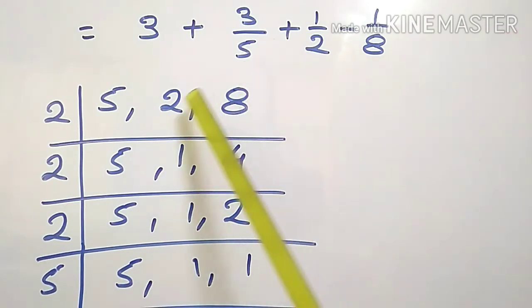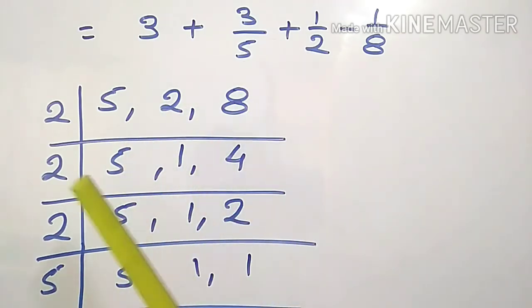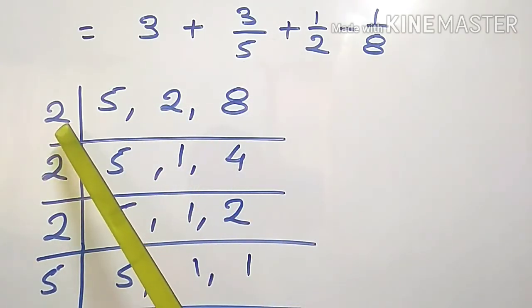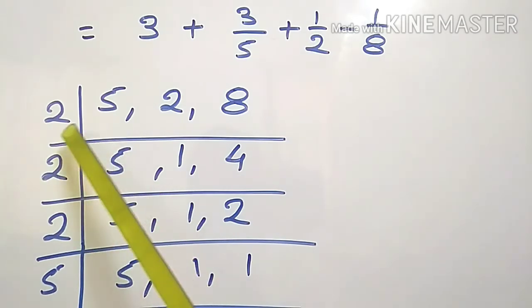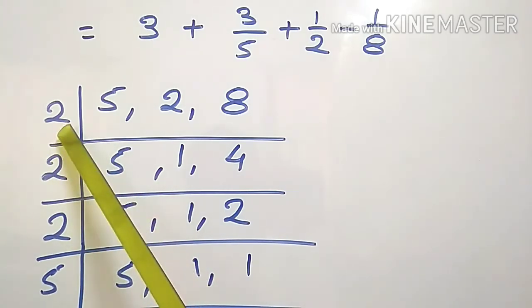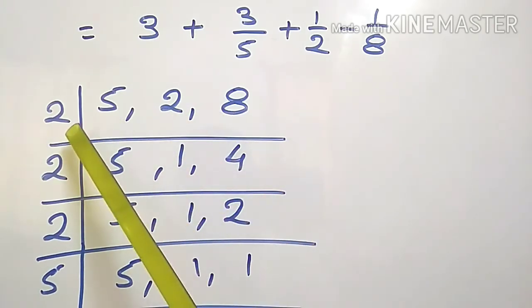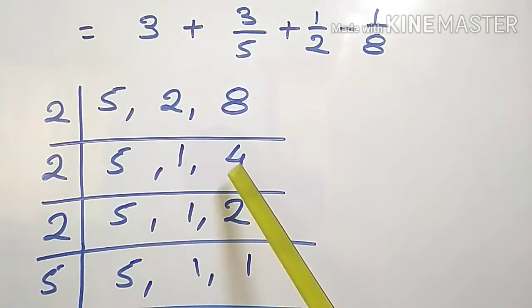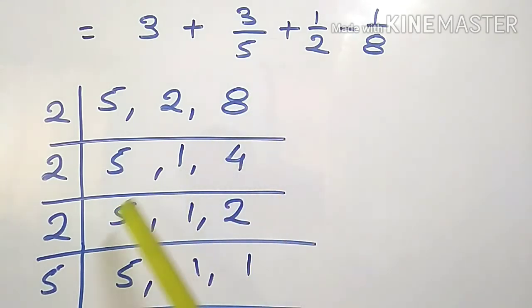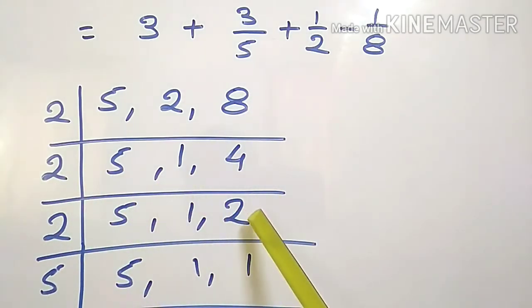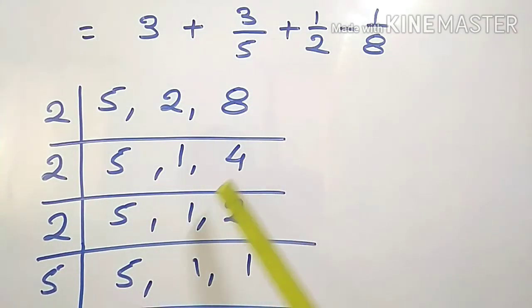So we write the denominators 5, 2 and 8 and divide by 2. 5 is not divisible by 2, so write 5 as it is. 2 ones is 2. 8 is divisible by 2, divided by 2, 2 fours are 8. Again divided by 2, 2 twos are 4.